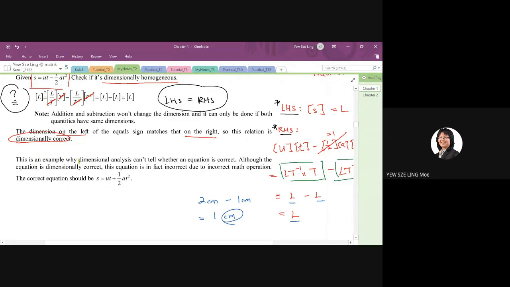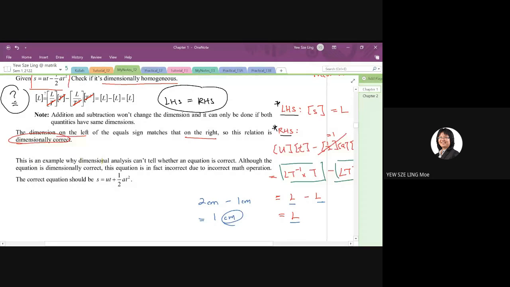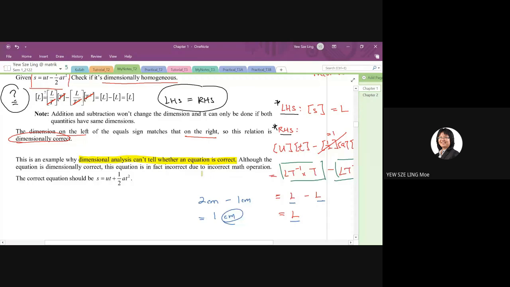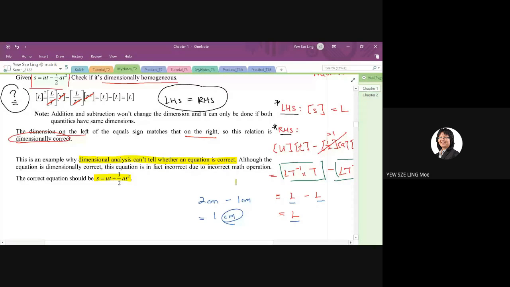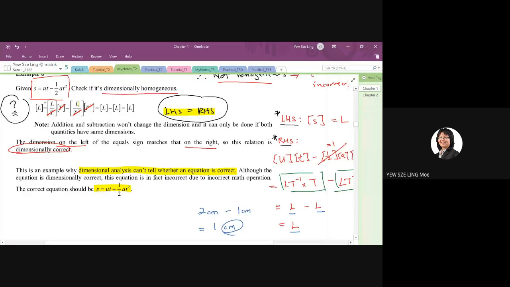Now, this example is why dimensional analysis can't tell whether an equation is correct or not. Because the correct equation actually is S equals to U plus 1 over 2AT squared. Okay, so you got dimension left hand side equals to right hand side, but in fact this equation is actually wrong. Why? Because the sign is incorrect. The correct sign is plus. Okay, but in the original equation they give you minus.